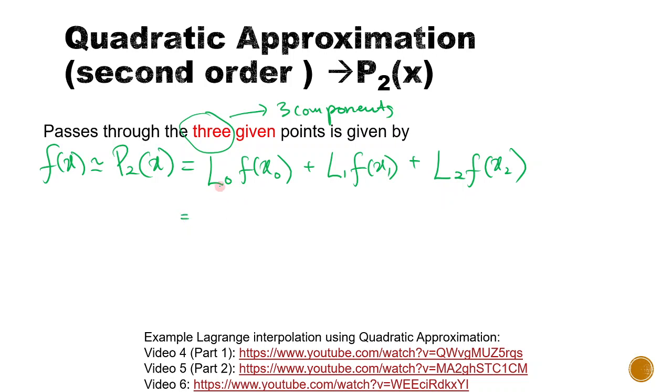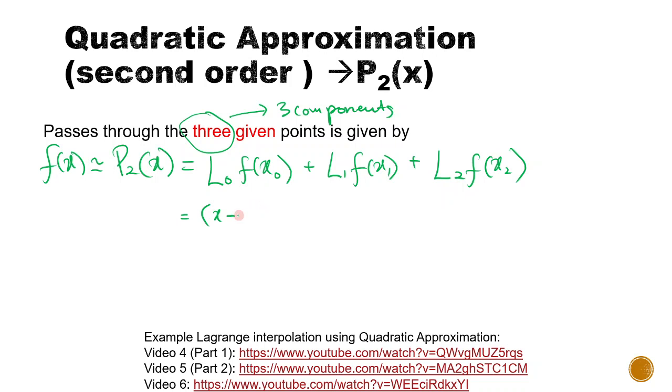So for example L0, we multiply the value of x minus the number that is not at the f(x), so here is f(x0).